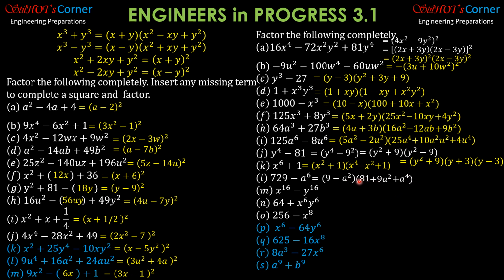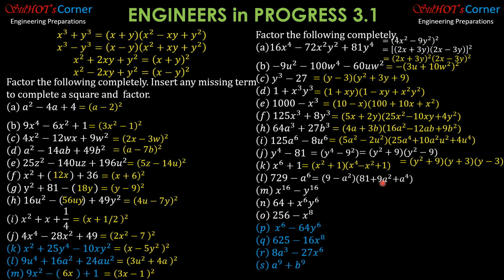Then this is a difference of two squares. This one can be made a perfect square trinomial. The middle term should be 18, and to make this 18, we should add 9a², and since we add 9a², we should also subtract 9a².